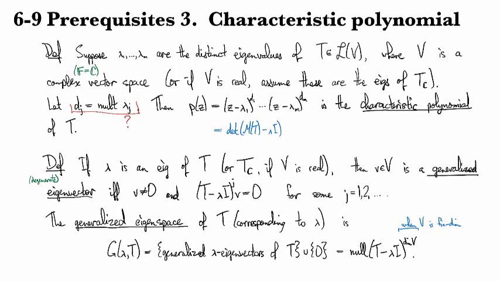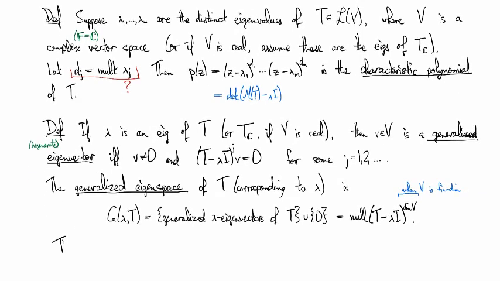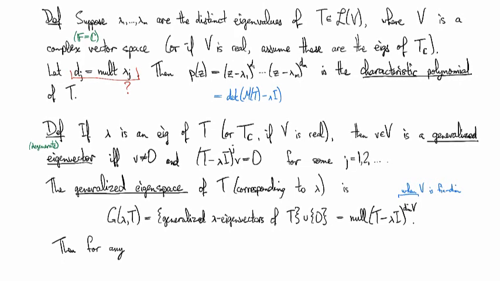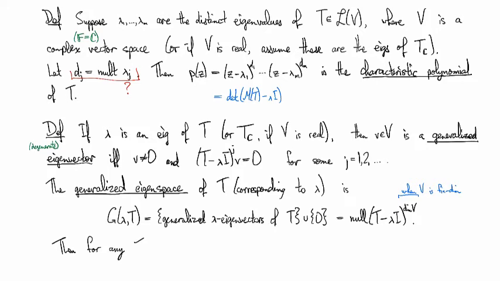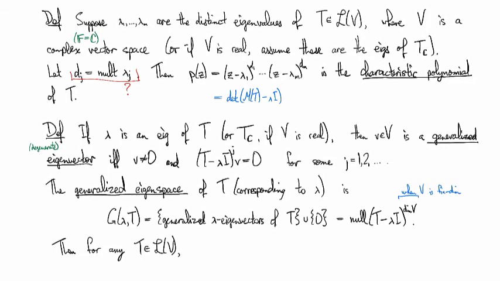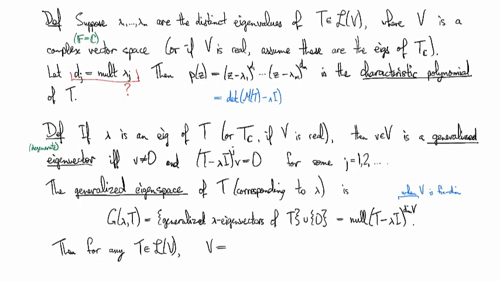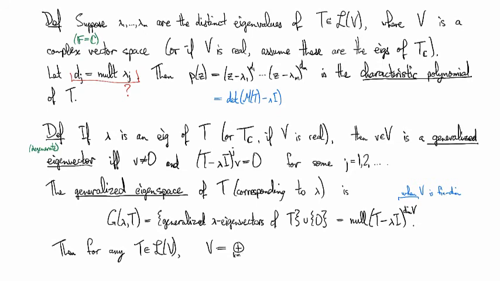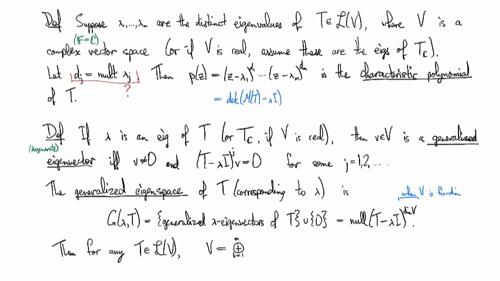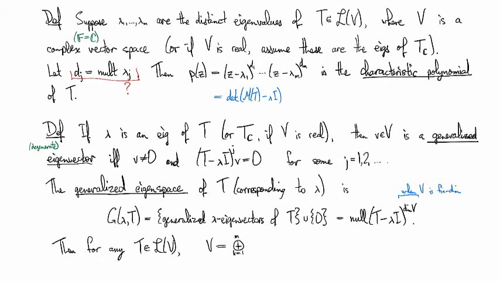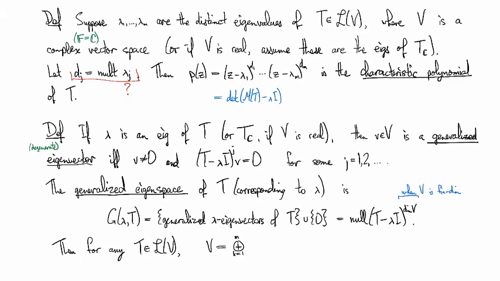Okay, so then for any linear operator T, we have that V decomposes as the direct sum. Forget I said orthogonal. It's true, but we don't need it, so forget it.